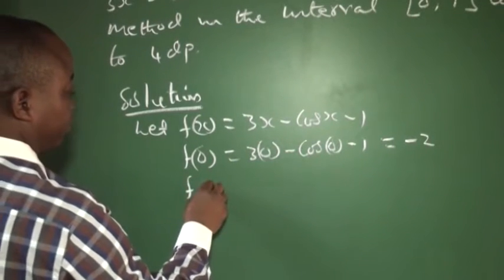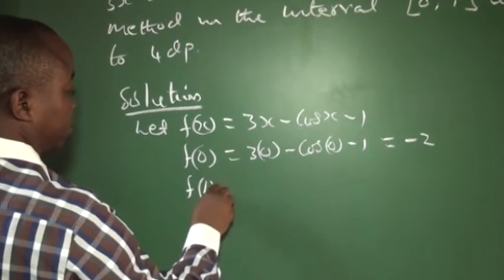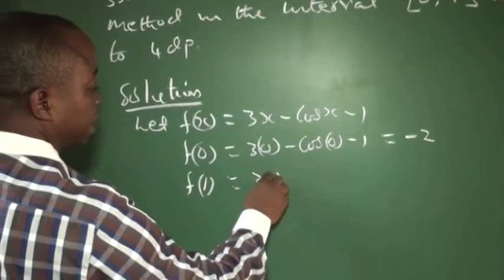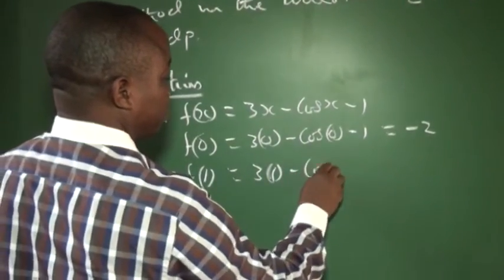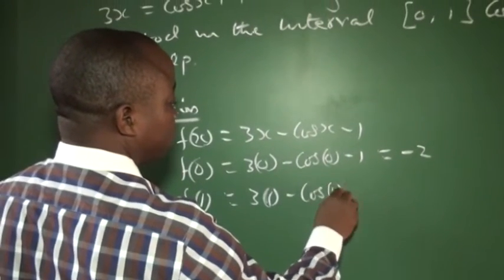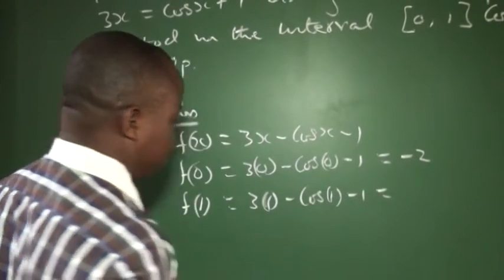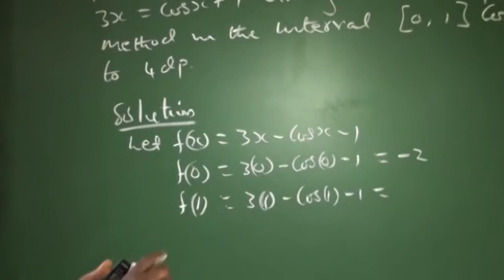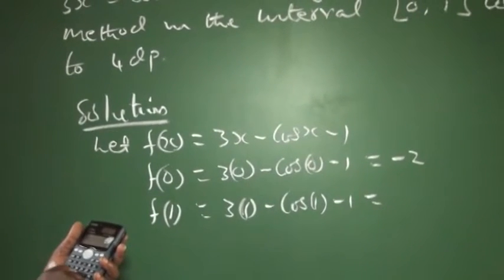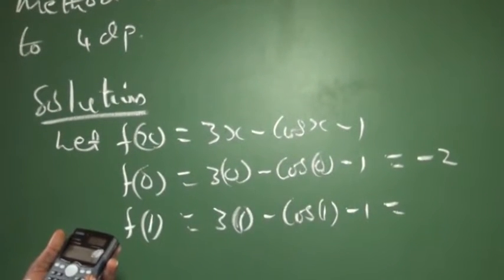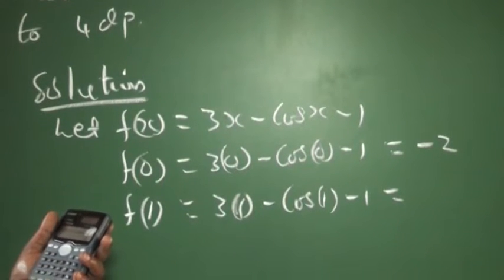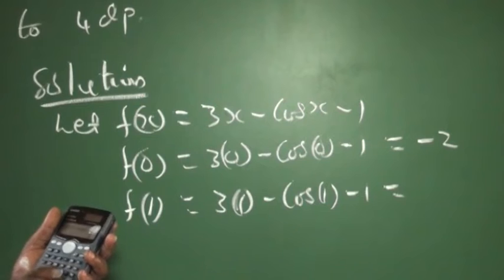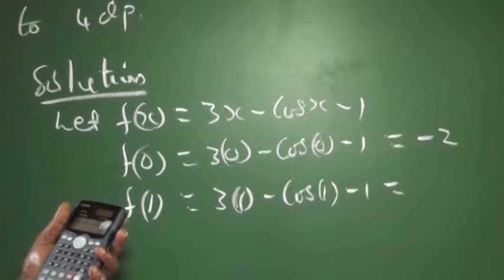f of 1 is 3 times 1 minus cos 1 minus 1. So that we have 3 times 1 minus cos 1 minus 1.